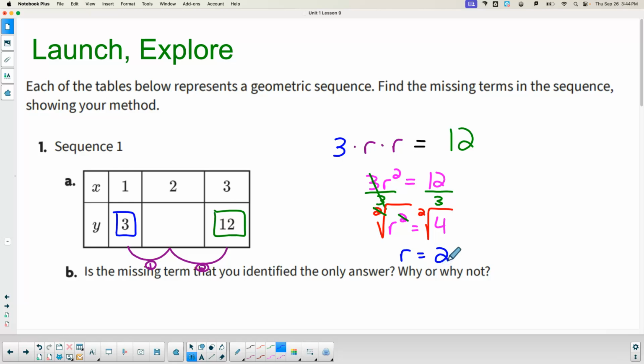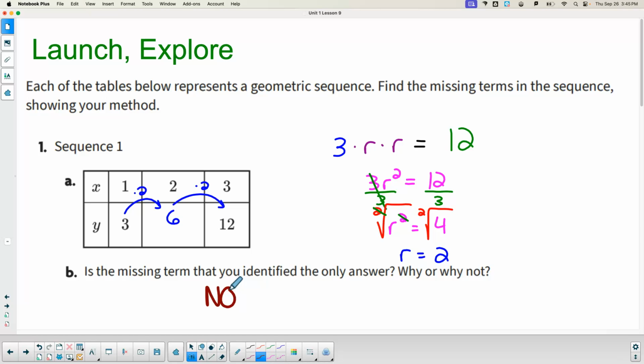So if I multiply by 2, I would get 6. If I multiply by 2 again, I get 12, and it works out. Now, the downfall with that is this is not the only way that we can get that.